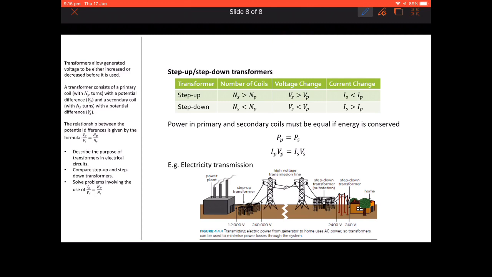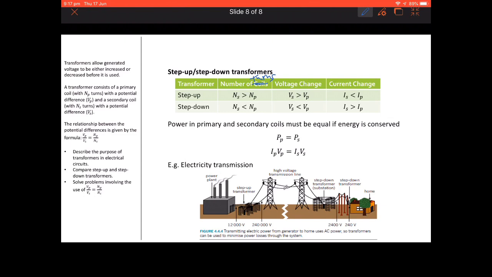So finally we'll have a look at step-up and step-down transformers. This is pretty intuitive. A step-up transformer means that the voltage in the secondary coil is getting stepped up from whatever the voltage was in the primary coil, so the voltage is increasing. Therefore, the number of turns in the secondary coil is going to be greater than the number of turns in the primary coil.